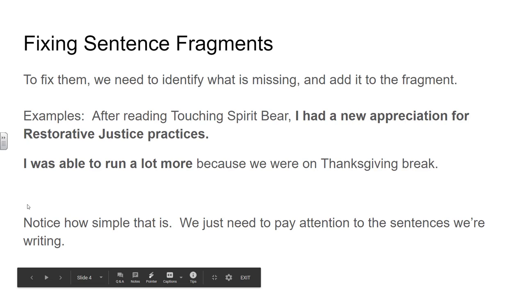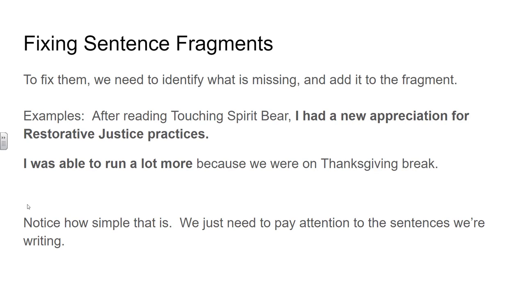How to fix sentence fragments. To fix them, we need to figure out what's missing and then add it to the fragment. So examples, after reading Touching Spirit Bear, I had a new appreciation for restorative justice practices. Notice how we add a comma after bear and then simply add the independent clause, I had a new appreciation for restorative justice practices.